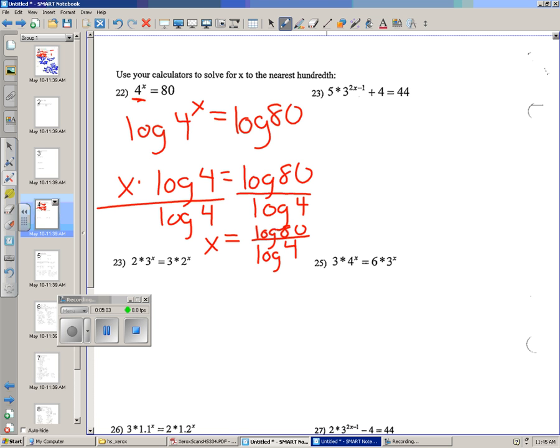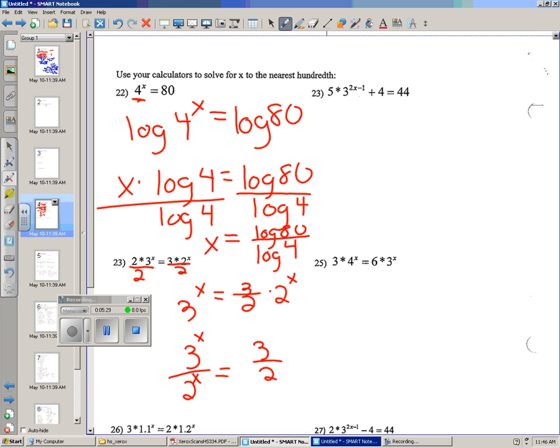So like 23. So we need to get everything with the x on the same side and everything else on the other side. So we could start by dividing by 2, and we get 3 to the x equals 3 halves times 2 to the x. Now to cancel out timesing by 2 to the x, we can divide. So we have 3 to the x over 2 to the x equals 3 halves. Well, x is really the exponent for the whole thing here.